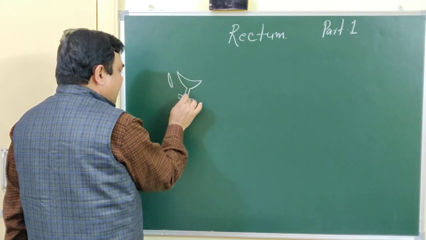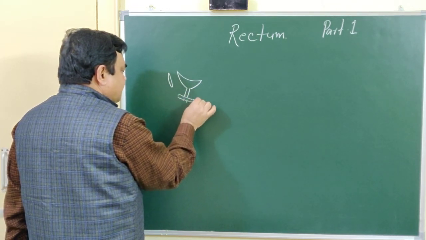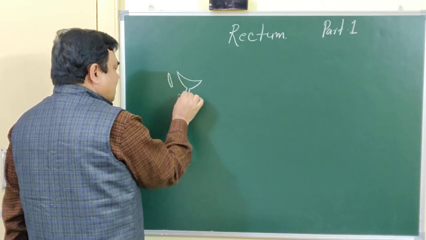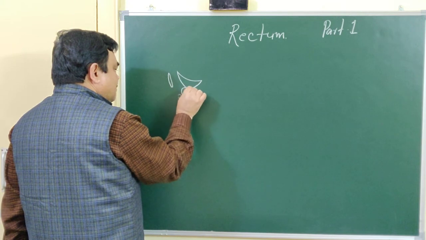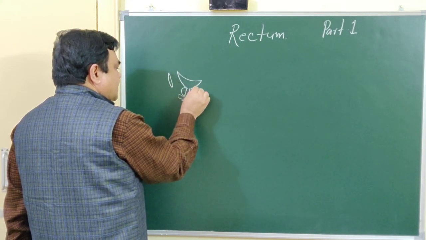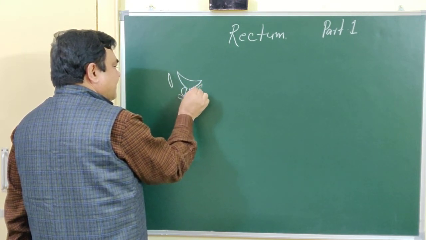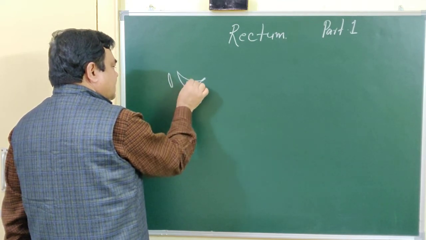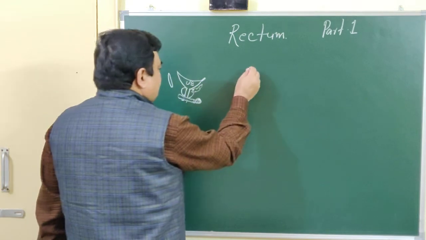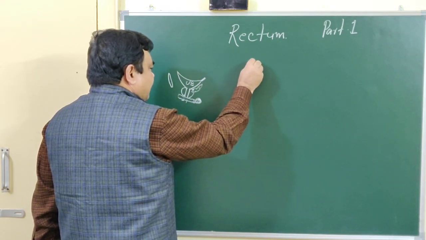This is the urogenital diaphragm. Here is the perineal body. This is the urethra. This is the prostate. Here is the seminal vesicle. This is the ureter. This is the urinary bladder.